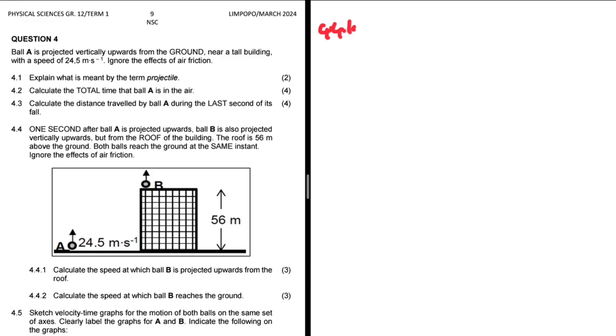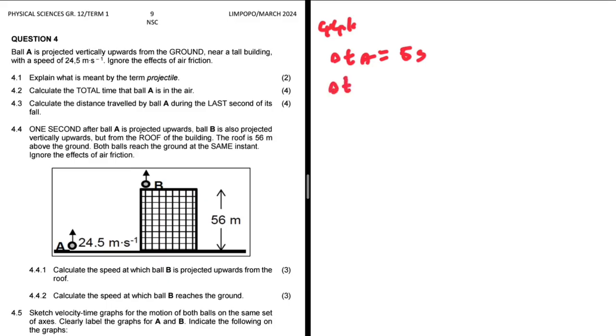Okay, ball B strikes the ground at the same instant as ball A. So the first thing that we need to understand here is that the time taken by ball A to strike the ground, as we calculated before, is 5 seconds.